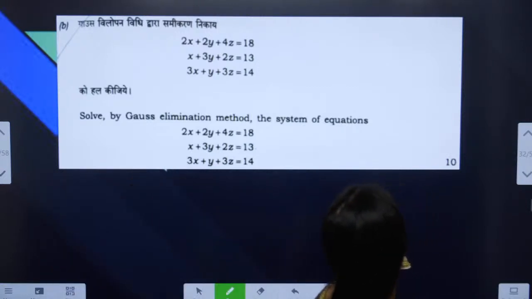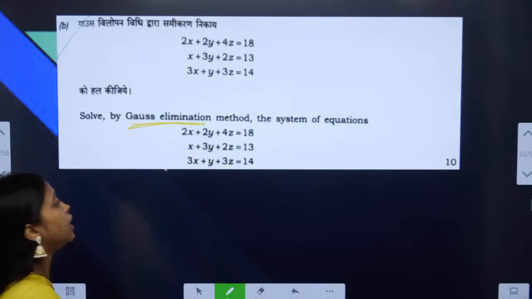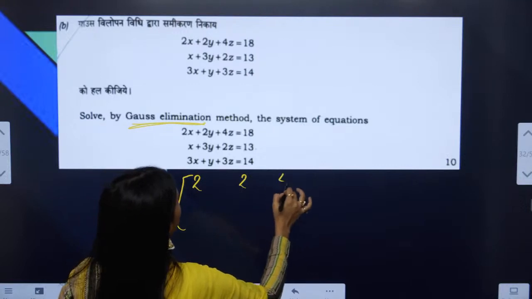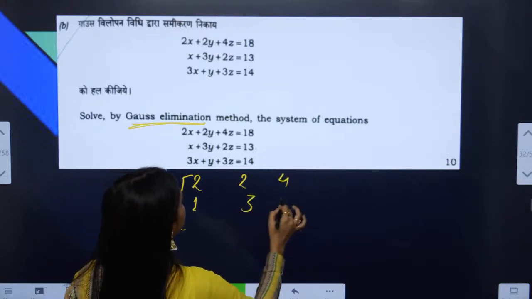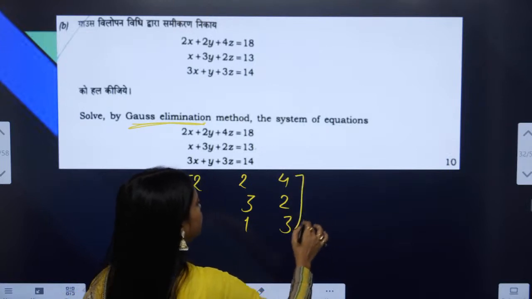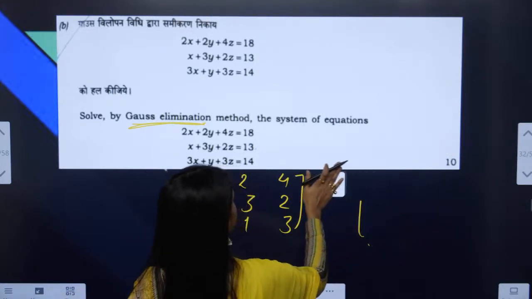Over here, the Gauss elimination method. What is the Gauss elimination method? Basically, all you need to do is take the coefficient matrix and do the same thing, reduce it to the echelon form. So, just a second.